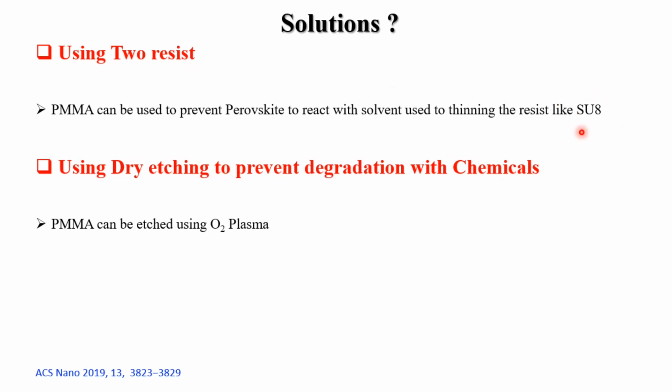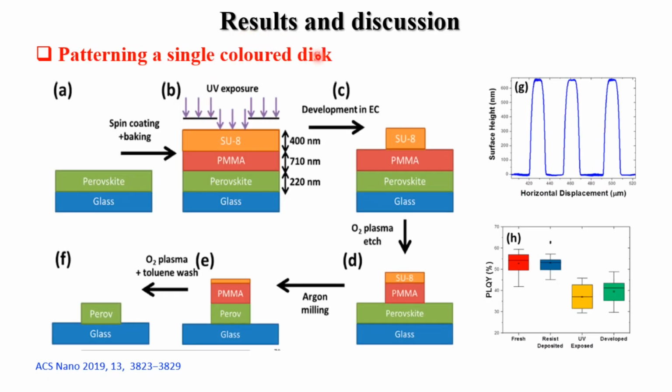So they use the two resists, PMMA and SU8, simultaneously for the photolithography, while using dry etching, because chemicals create the problem by degrading the halide perovskite. They use dry etching with oxygen plasma and argon milling to etch the material in this paper.